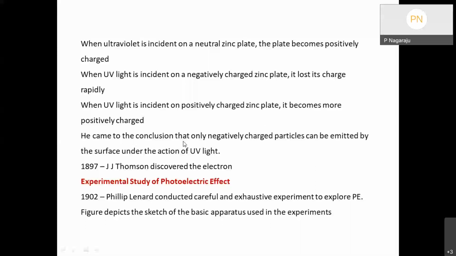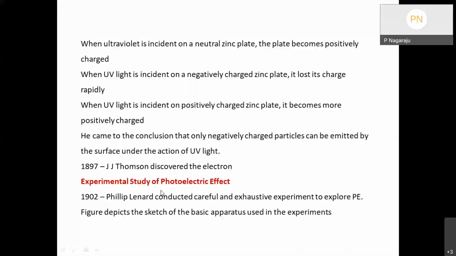He came to the conclusion that only negatively charged particles can be emitted from the surface under the action of UV light. And I have already mentioned that in the year 1897, J.J. Thomson discovered the electron, and even before this electron was discovered, all those things were discovered.